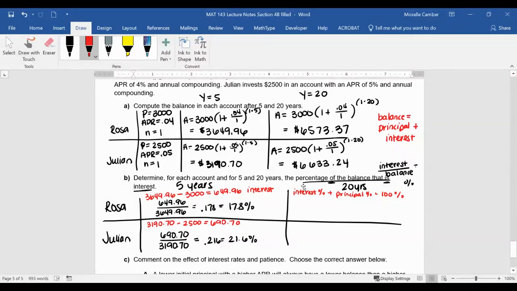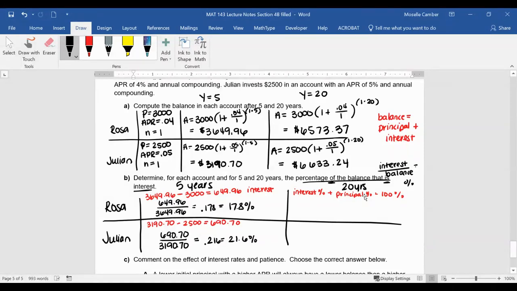And so this time I'm going to find the percent first, and then I'm going to subtract it from 100%. So at first I did the subtraction to find the interest. This time I'm going to do the division first and then do the subtraction. You can do whichever way you feel most comfortable with. So if we're going to define the percentage first, well, I don't know the interest, but I do know the principal.